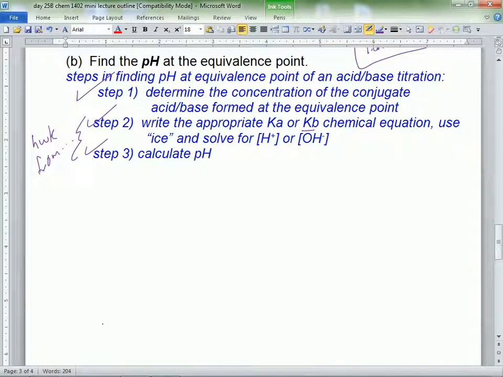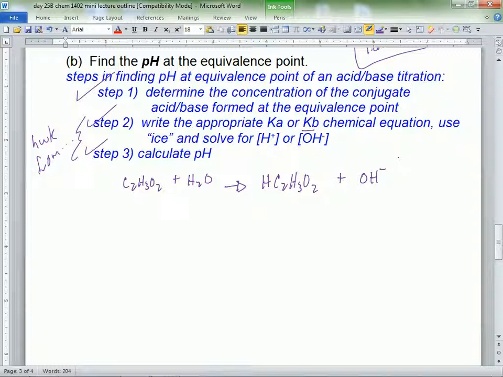Okay, so we need a Kb reaction. What appropriate Kb reaction would you write? Yep, plus OH negative.